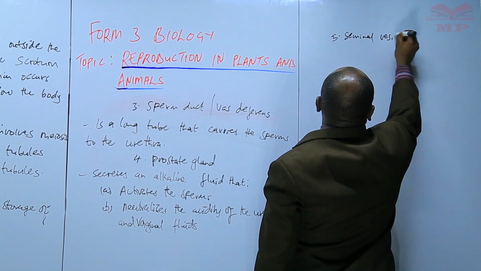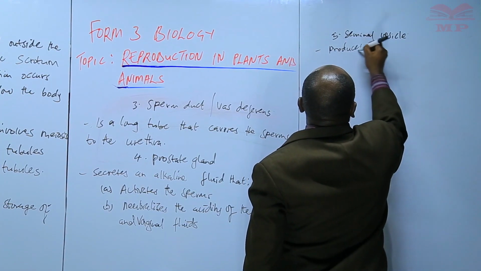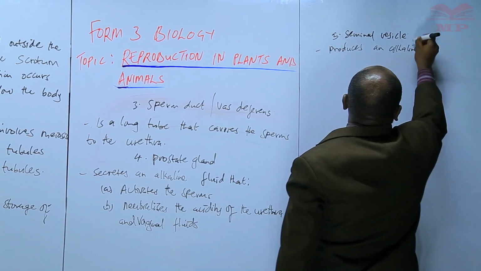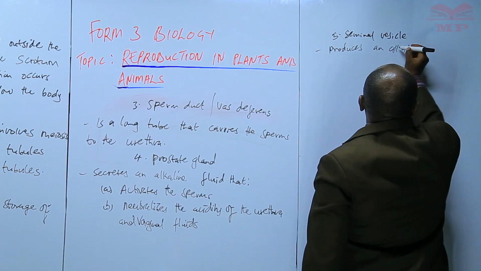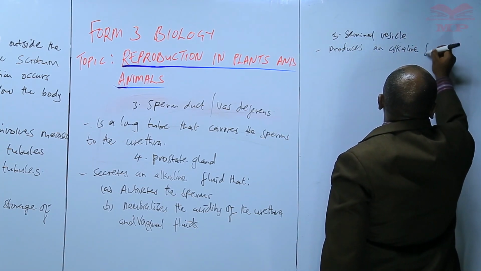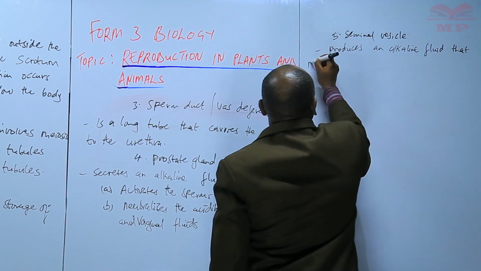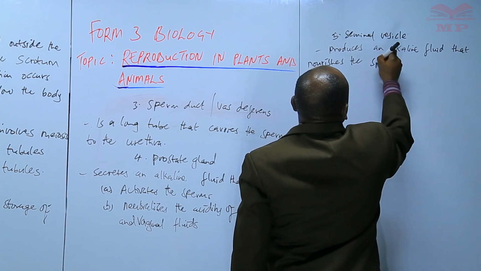The seminal vesicle also produces an alkaline fluid that nourishes the sperms.